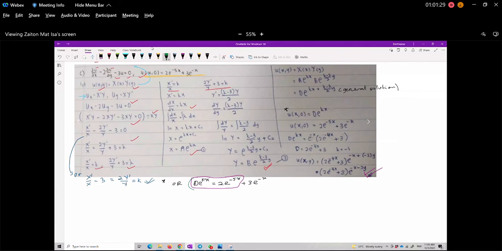In the other one, this. So this one will give you one solution. Let's say I put it down as U1. And then the other one will give you another solution U2. You can refer to the reference book on the superposition principle.